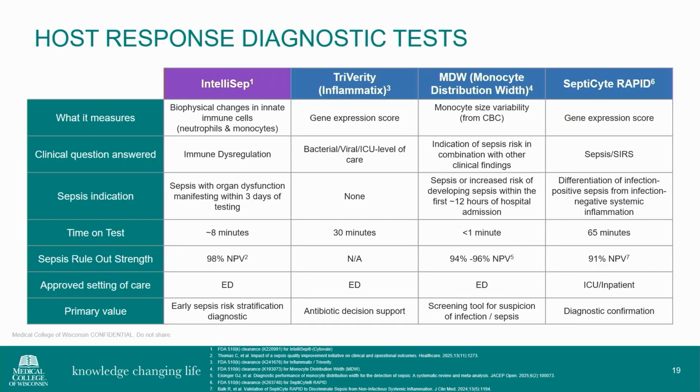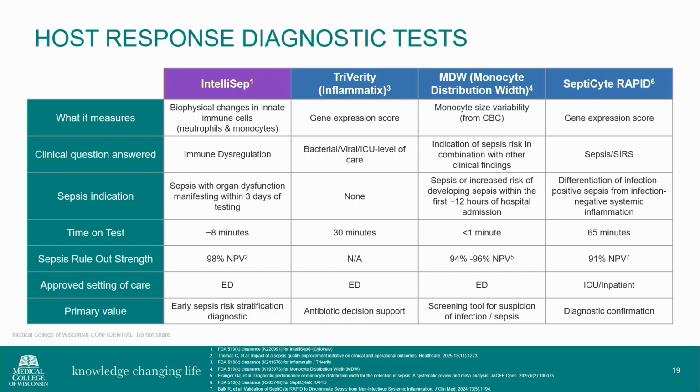So the host response diagnostics, as I mentioned, we can classify into two groups: those that look at physical properties of the cell and those that look at gene expression. Our two examples of gene expression-based tests are the Trivarity test and the SeptiCyte test. Both are FDA cleared, for either bacterial, viral, or ICU level of care, or detection of sepsis in the case of the SeptiCyte test.